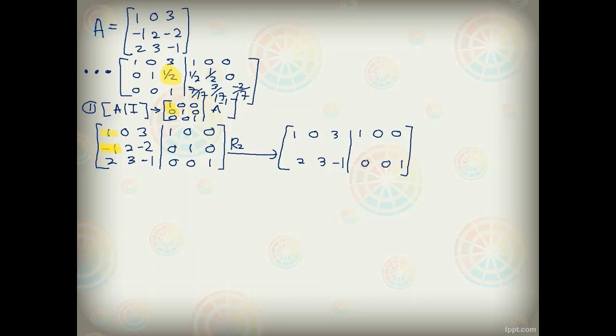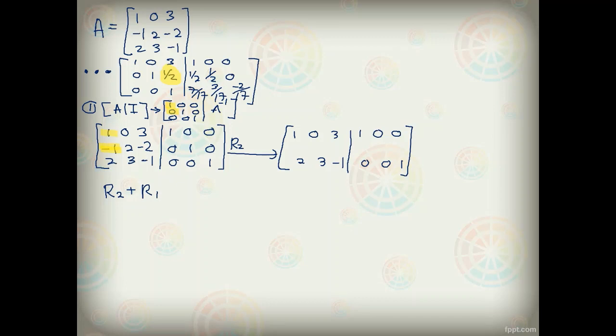In order to reduce this to 0, we need help from the other rows. So which row, between the first and the third, can reduce R2 to 0? You have two ways. If you choose row 1 to reduce it to 0, you should take row 2 plus row 1.